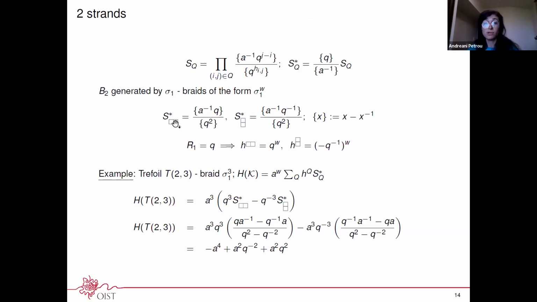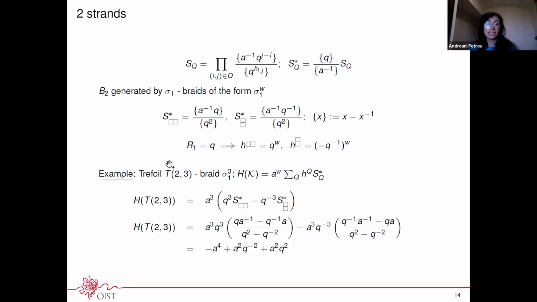Then we have two possible Young tableaux, and these are the corresponding Schur functions. And then the R matrix will just be equal to q. It's not a matrix, it's one by one in this case. And then we have the coefficient for this Young tableau being q to the writhe, while for this one, which is the mirror image of that one, we get q replaced by minus q inverse.